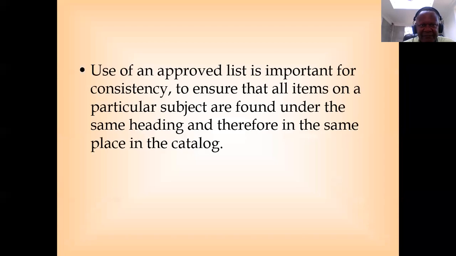And then number, still at 3, we need to use the approved list such that we are consistent in assigning subjects, meaning that if we are looking for books on surgery, we find them in the same place, and not scattering publications on the same subject in different positions.